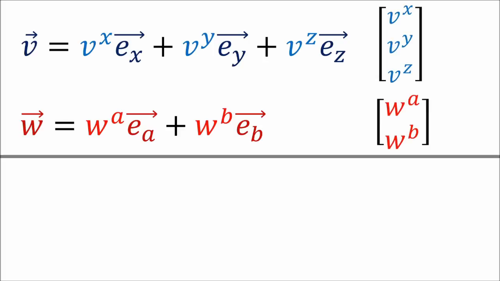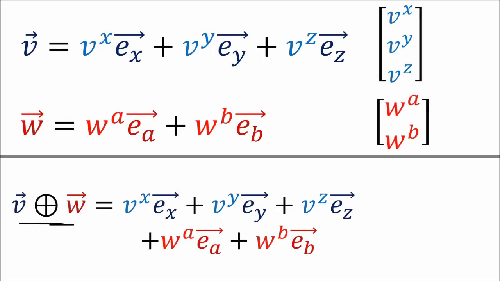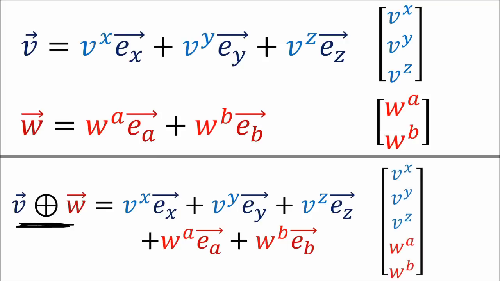The direct sum of v and w involves stacking the columns on top of each other into a 5D vector. This vector lives in a new 5-dimensional space with 5 basis vectors, which is just the 3D basis and the 2D basis put together.